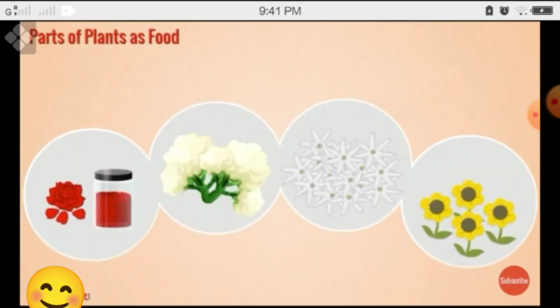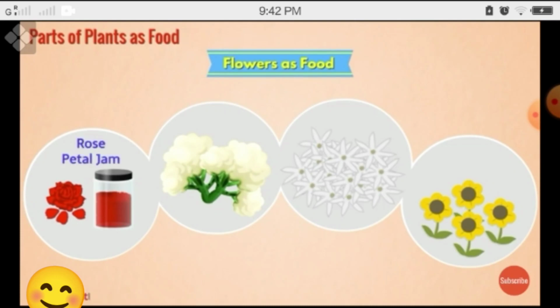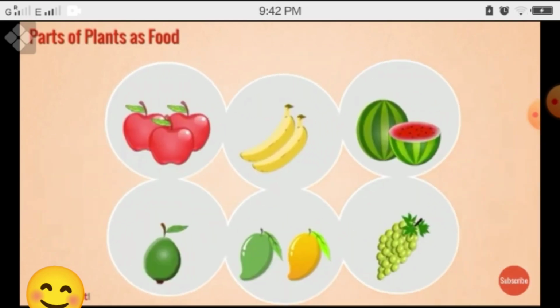Flowers look beautiful. Flowers of some plants are also used as food. For example, the sweet preserve known as rose petal jam, locally called gulkand, is prepared from rose petals. Similarly, flowers of plants like cauliflower, jasmine, sunflower are also used as food. We all like fruits. Some are sweet, some are sour. They are also our food.